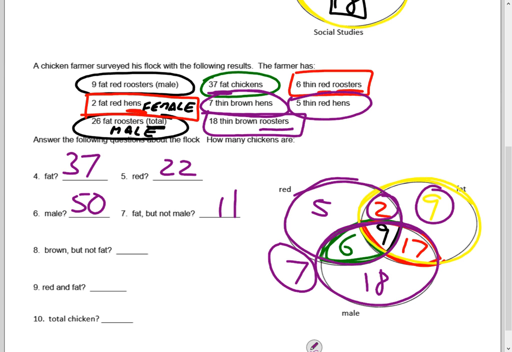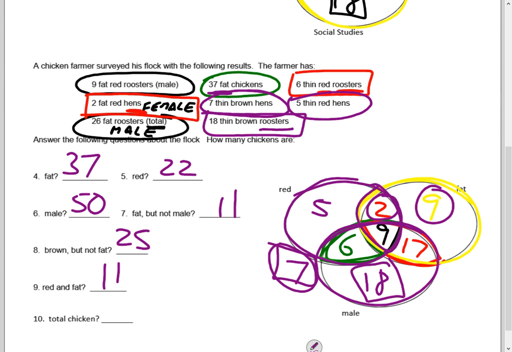It still includes brown chickens. Not fat is right there. So we're looking at a combination of 18 and 7, 25. Red and fat. Well, that's the intersection. That's the football shape. Which totals 11.